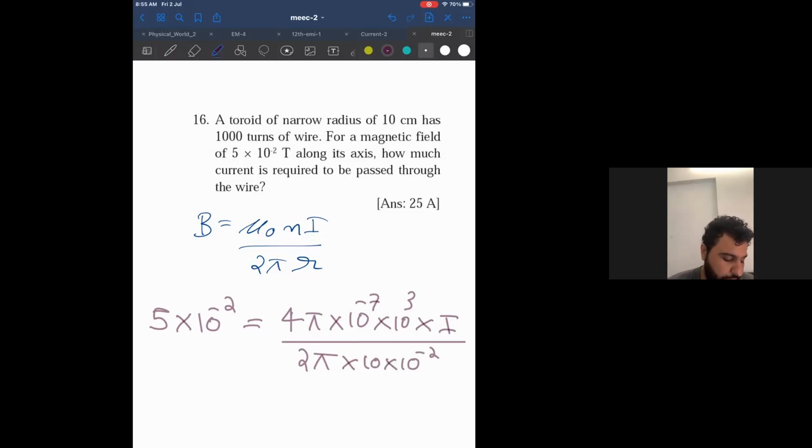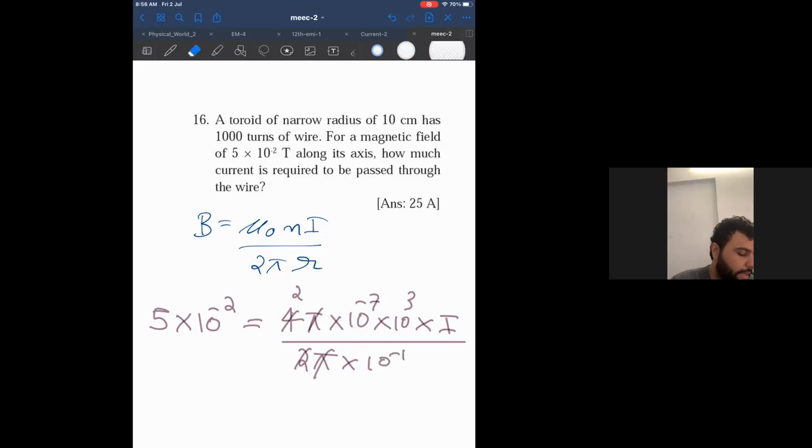Now, pi and pi will cancel first itself. 2 ones are 2 twos are. My intention is to eliminate the denominator, okay? Now, 10 into 10 power minus 2, can I write it as 10 power minus 1?